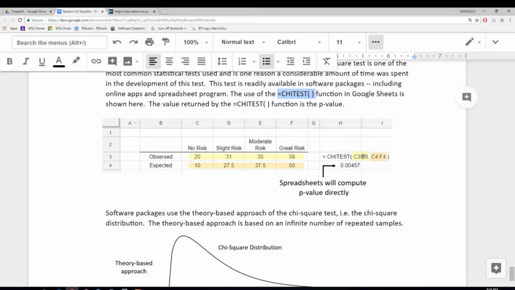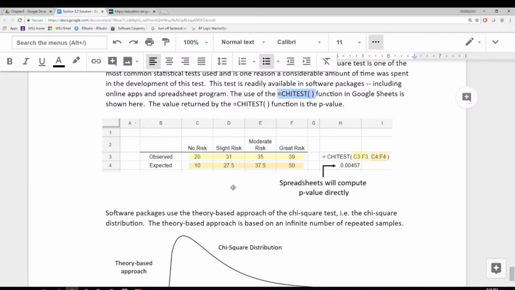I need to separate the observed counts from the expected counts. The expected counts in this particular spreadsheet sit in cells C4 through F4, so I would just enter those in there. Put the parentheses at the end, and what is returned here is the p-value quantity. So Google Sheets and Excel will use the chi-test function in order to get this done, and it returns a p-value for you.